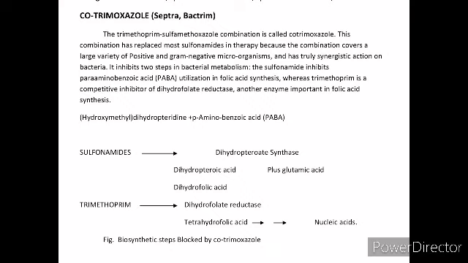So this first step, that enzyme, is inhibited by sulfonamides, and trimethoprim inhibits the conversion of dihydrofolic acid to tetrahydrofolic acid. The enzyme here is dihydrofolate reductase. So trimethoprim will inhibit the reductase enzyme, sulfonamides will inhibit dihydropteroate synthase. So this is how the biosynthetic steps are interfered with.